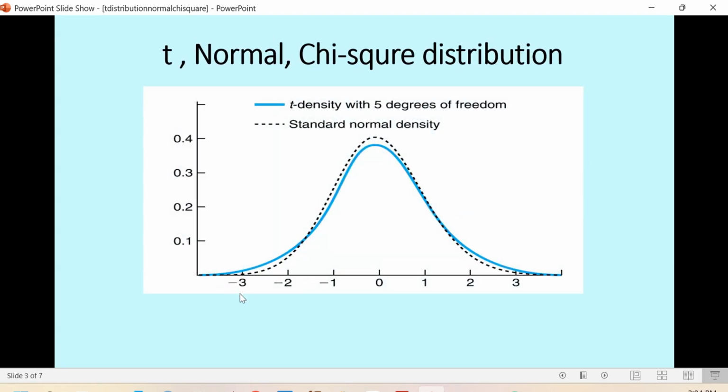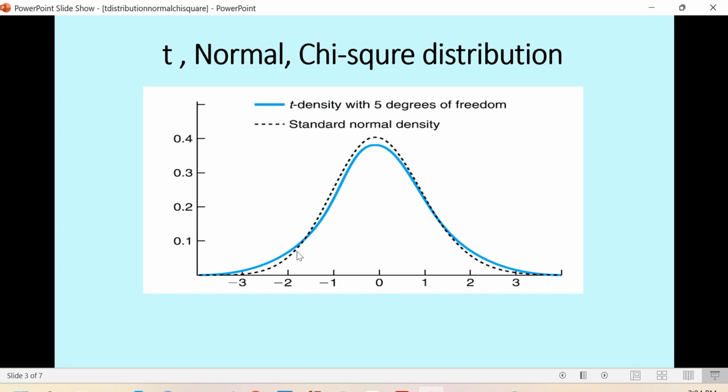If we look at this plot, it includes the standard normal random variable's probability density curve as the dashed curve, and the blue curve is for the t random variable's probability density curve with 5 degrees of freedom.